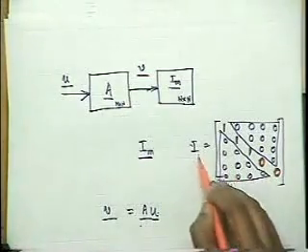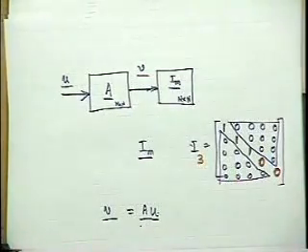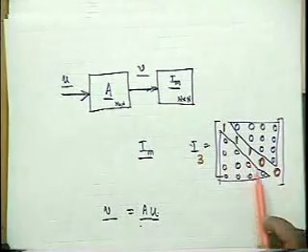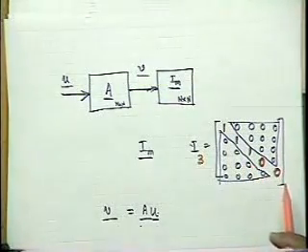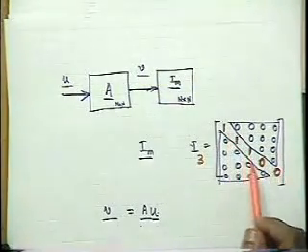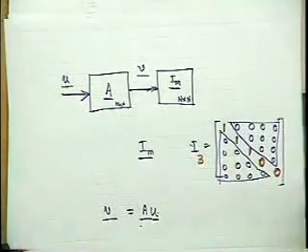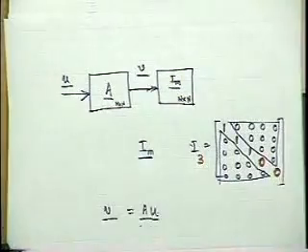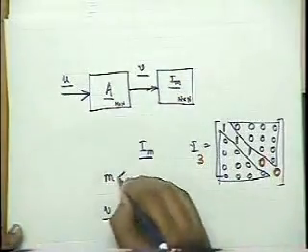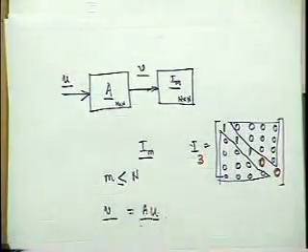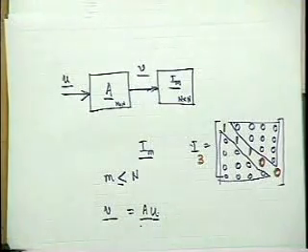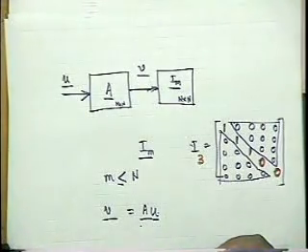Then I am going to call it I3. That means out of the capital N number of diagonal elements, I am preserving only small m number of them. So whenever I am writing the Im matrix, please keep in mind that m is less than or equal to capital N.